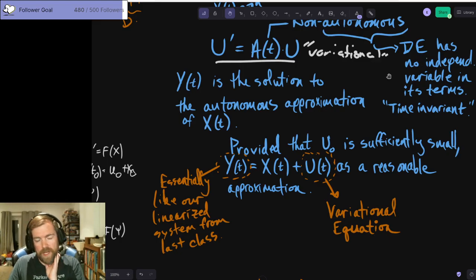Right. So x is assumed to be the true solution for any ridiculous differential equation we want to come up with. And y is then the solution to the autonomous system that will at least approximate the true differential equation on a local scale.